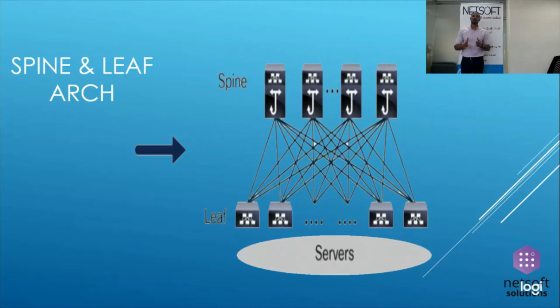So you have proper distribution of traffic, and you are not wasting a port as you are wasting one of the ports in your three-tier architecture, where you will not have active redundancy. Here you will have an active redundancy because every link which is connected from your leaf to spine is in use.